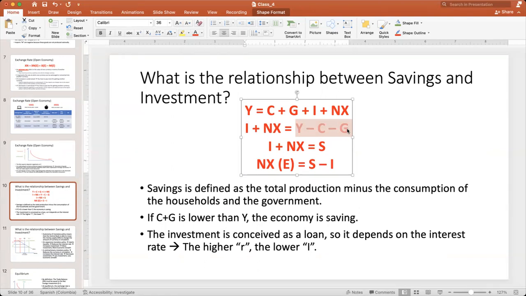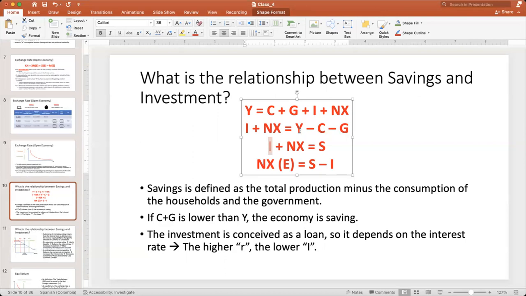This works the way that you conceive saving in your private life. Your wage is, I don't know, $100 and your consumption is $50, so your savings are $50. So if your consumption increases from $50 to $80, your savings are only $20. Investment is not part of this equation.